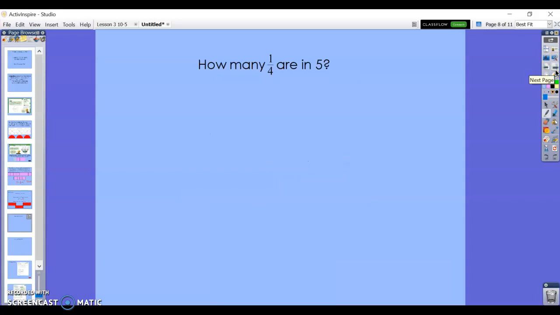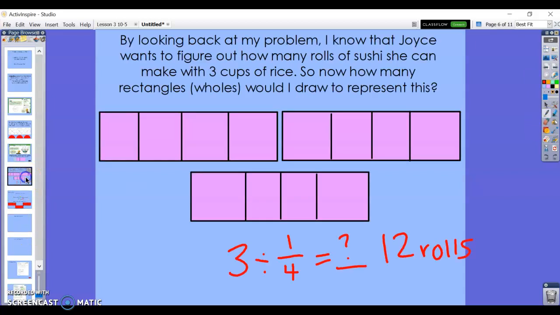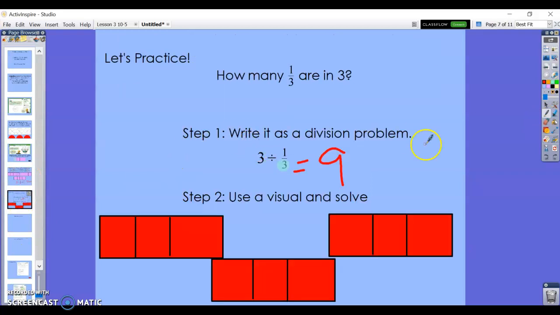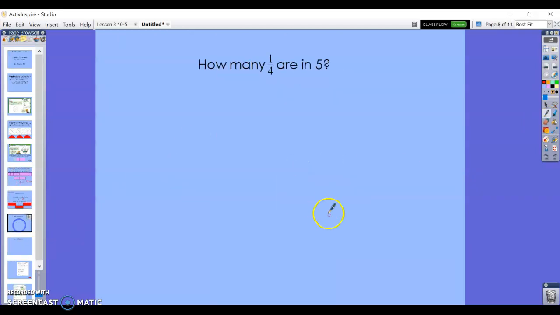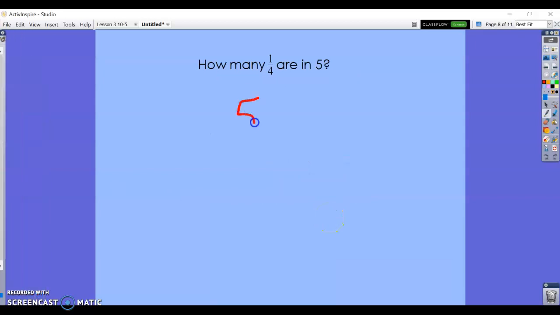So let's try one more. How many fourths are in 5 wholes? So the first thing I need to do, according to my steps, is to write this as a division problem. So I'm going to write 5 wholes being divided by fourths, and I want to know what that equals.